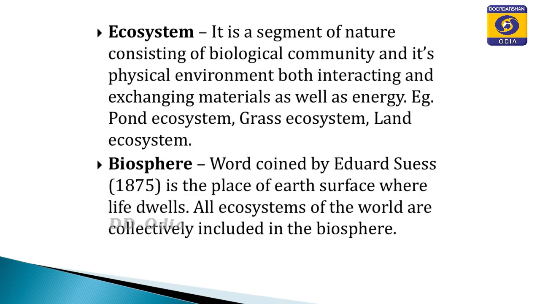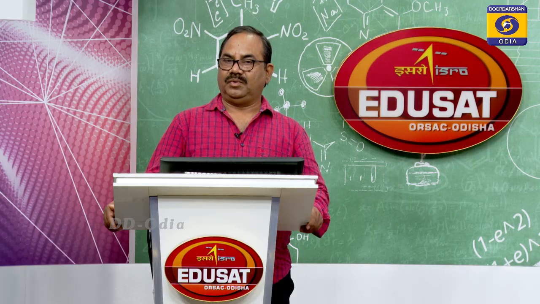Then we shall come to the ecosystem. It is a segment of nature consisting of a biological community and its physical environment, both interacting and exchanging materials as well as energy. So, what we understand here is that we shall have several communities that include animals, plants, microorganisms, etc. They together make the living component.